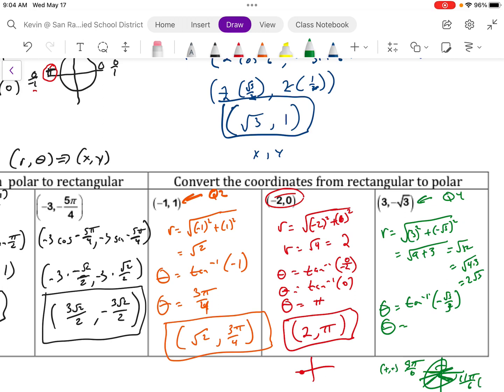In the second quadrant we have negative, positive, and in the fourth quadrant, we have positive, negative. So that gives us theta as 11 pi over 6. Our polar coordinate here would be 2 root 3, and the angle would be 11 pi over 6.